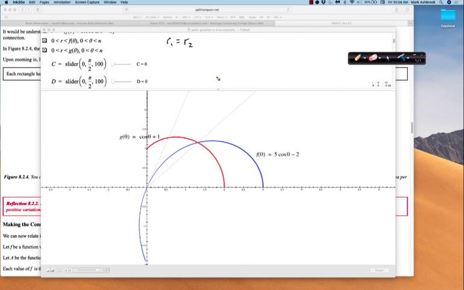Not very helpful. If I set g of theta equal to f of theta, is that setting the r's equal? If I say cosine theta plus 1 equals 5 cosine theta minus 2, does that set the r's equal?